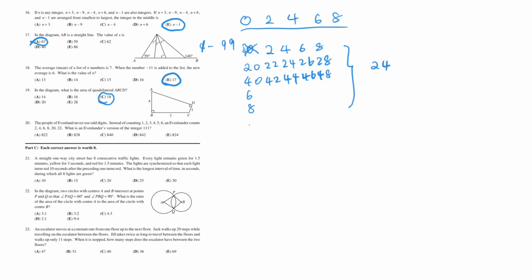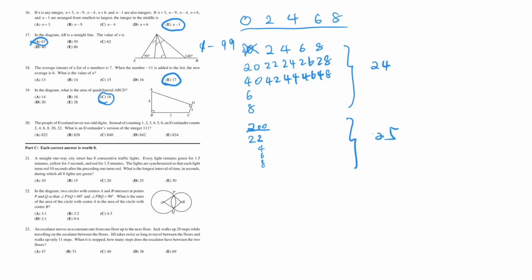Next, start with 200, 220, still using 0, 2, 4, 6, 8. That's one more than the first 1 to 99 because we have the 200, that's 25.